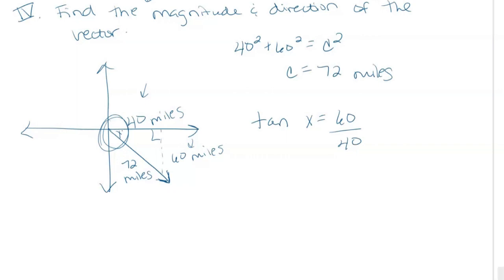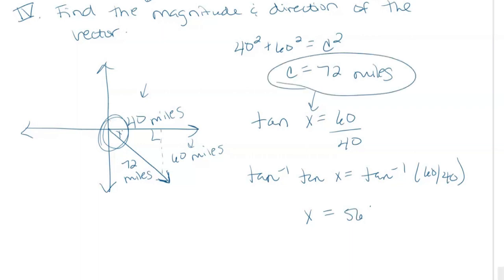All right, now remember, in order to be able to solve for x, we cannot divide by tan. We take the inverse tan of both sides. And then I'm going to get x is equal to about 56 degrees. All right, so my magnitude is about 72 miles.